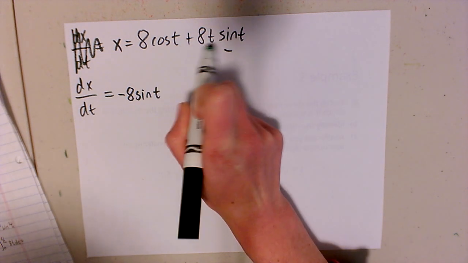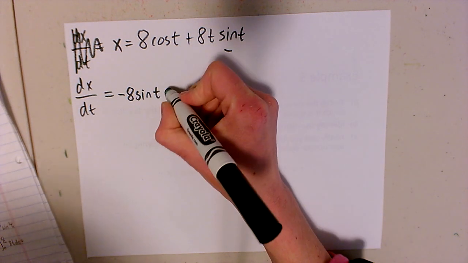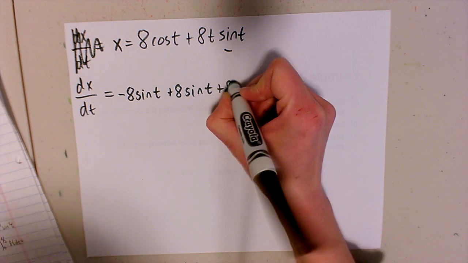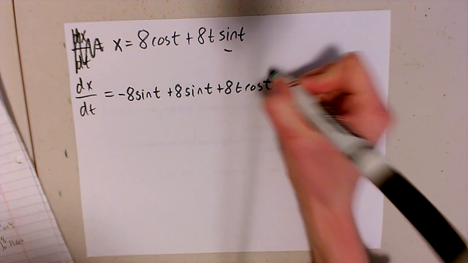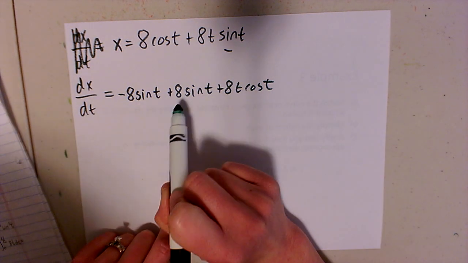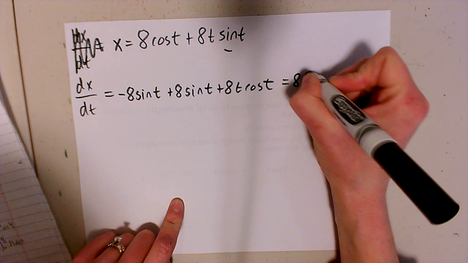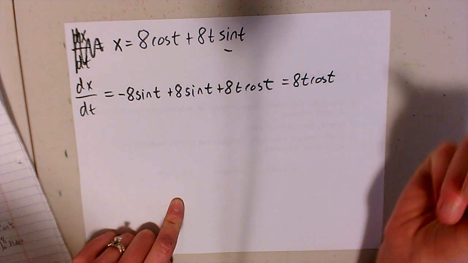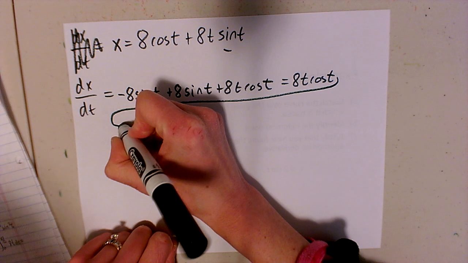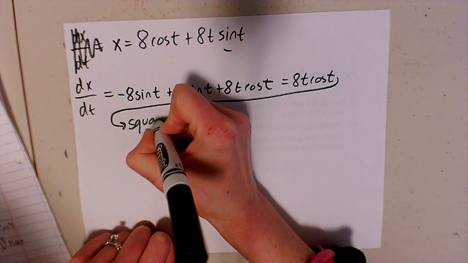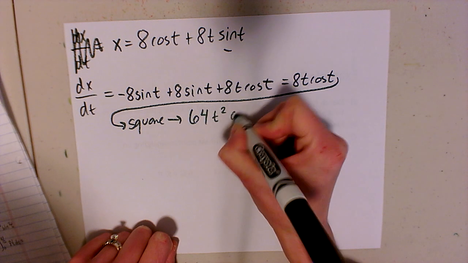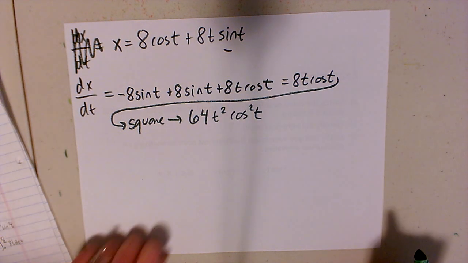Okay, and then I use my product rule for this piece right here, so that'll be plus 8 sine t plus 8t cosine t. Now, the 8 sine t's will cancel out, and so this is just 8t cosine t, and then if we take it and square that, that's going to give us 64 t squared cosine squared t.